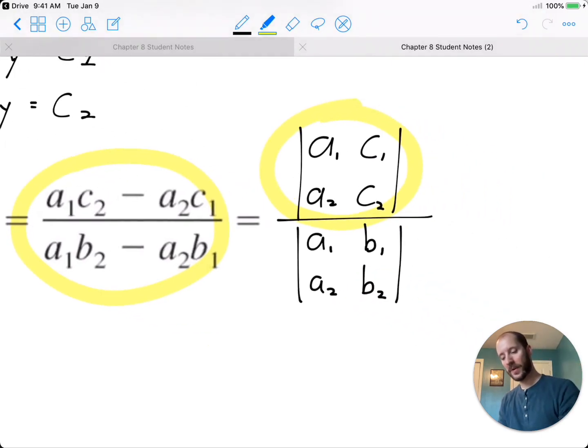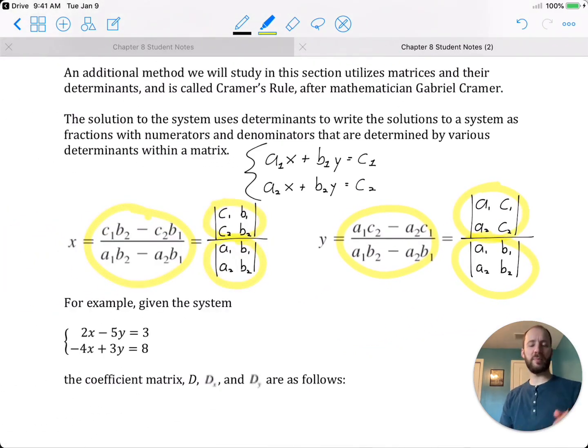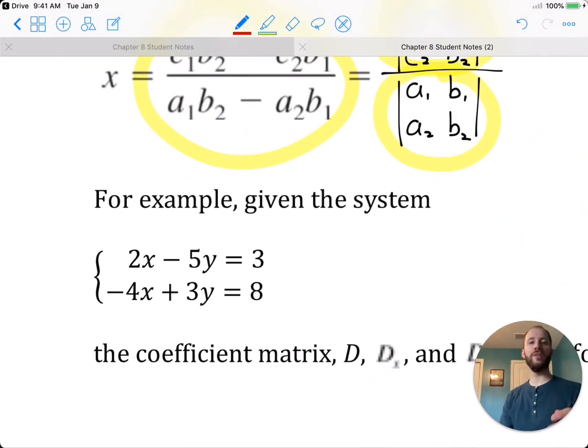Then the denominator again is the determinant of the coefficient matrix. And this can be generalized: if you have a z variable, there's a z column, a w variable, a w column, and so on. So let's look at a specific example, kind of how you create all of these matrices.